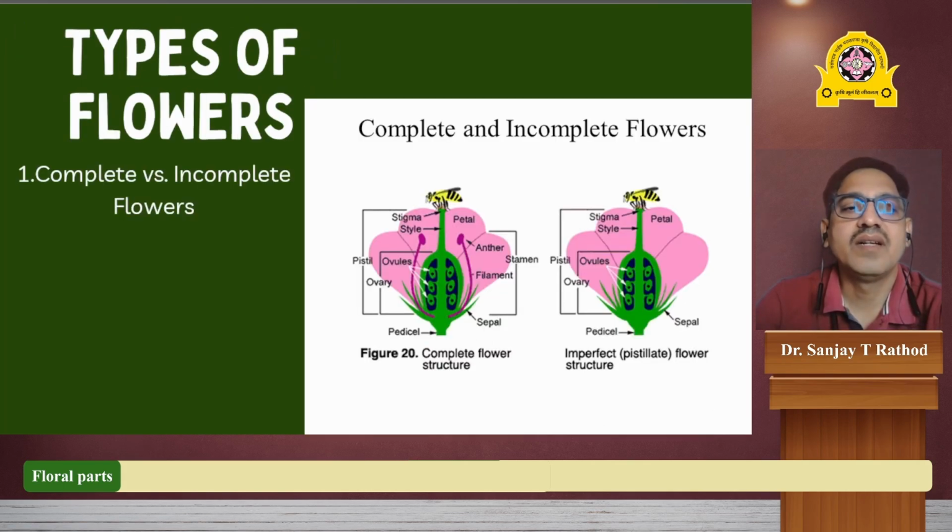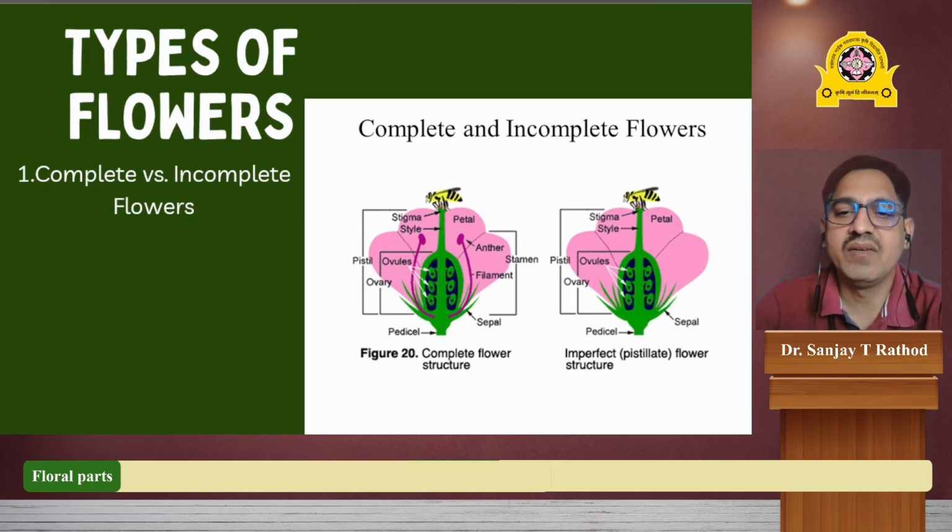Next is what are the different types of flowers? Complete and incomplete flower. Two types of flowers are there. Why is it complete and why is it incomplete? Because the complete flower contains all the components of the flower, that is petals, sepals, androecium, and gynoecium.